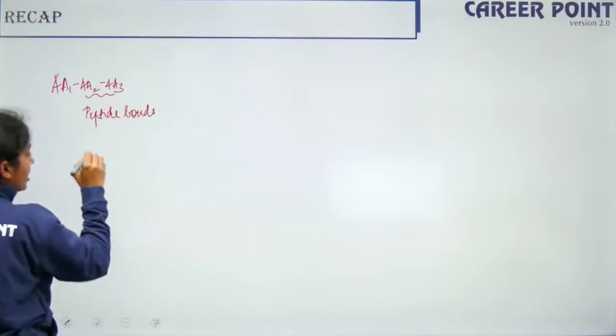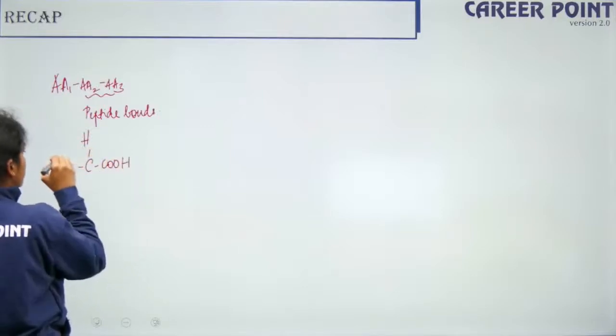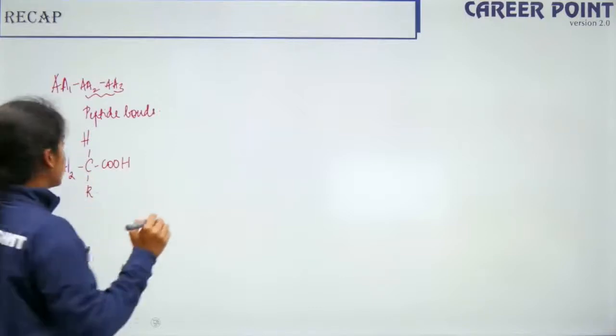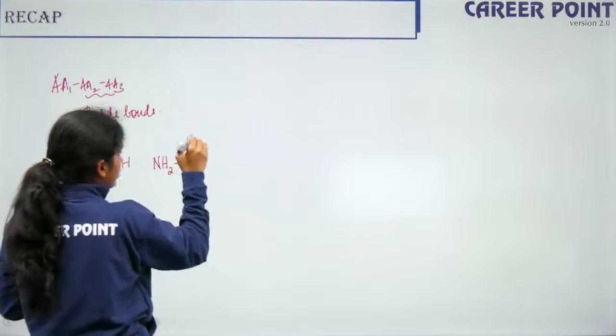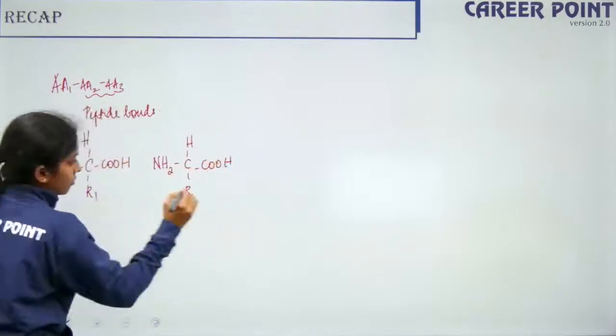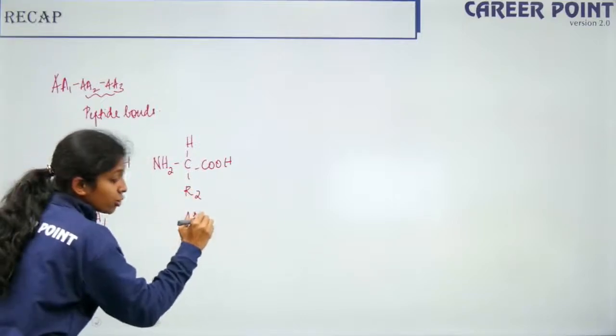Right? So how do I write an amino acid? Like this. So the next amino acid should be like this. So this is my amino acid 1 and this is my amino acid 2.